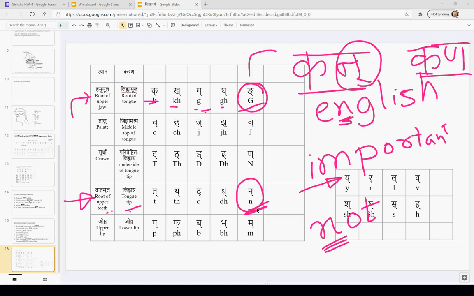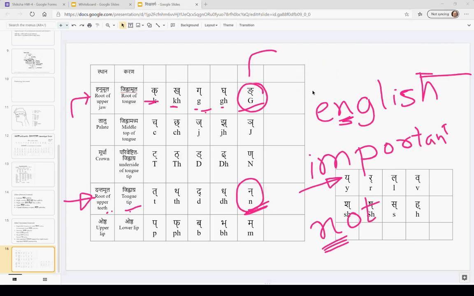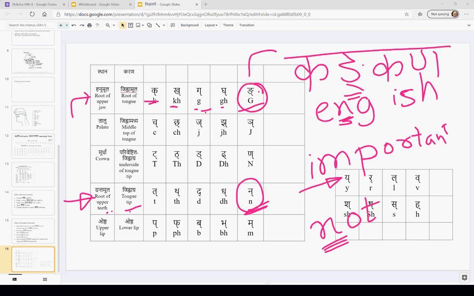But when they are pronounced together, without a pause in between, then the sound automatically changes to nga. So because of that, we pronounce it as nga here, and because we are pronouncing it as nga, we write the symbol for that nga here, kankana.